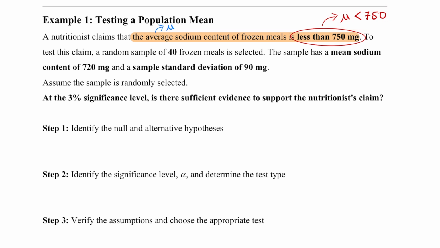Step 1. Let's identify the null and alternative hypotheses. The original claim is mu less than 750. This statement does not contain the equality sign, so this is my alternative hypothesis.